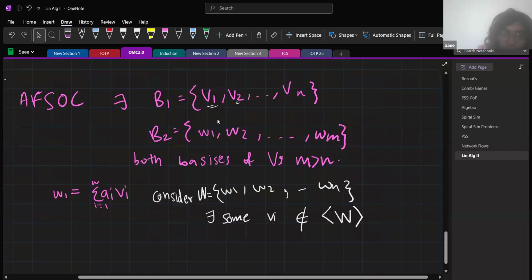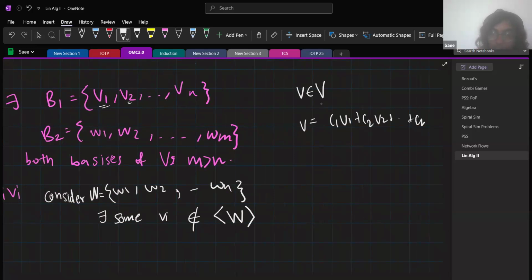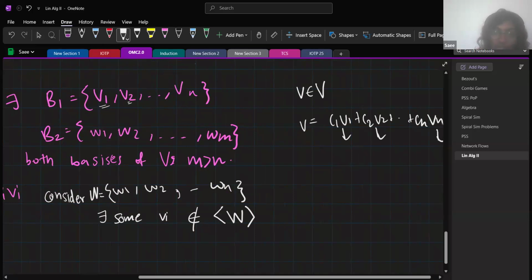Right? Because if we consider any vector in V, we can write it as some c1 v1 plus c2 v2, up until cn vn. But we know each of these Vi's we can write as some linear combination of the Ws. So we can get V as a linear combination of these Ws.